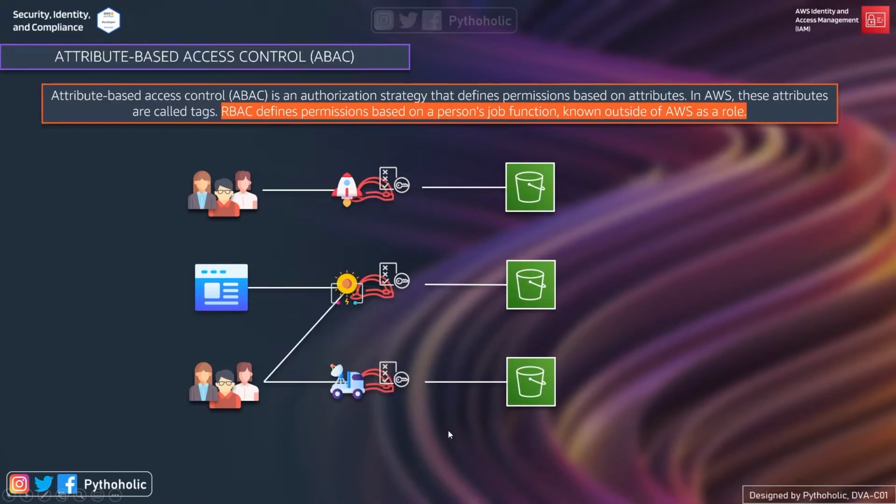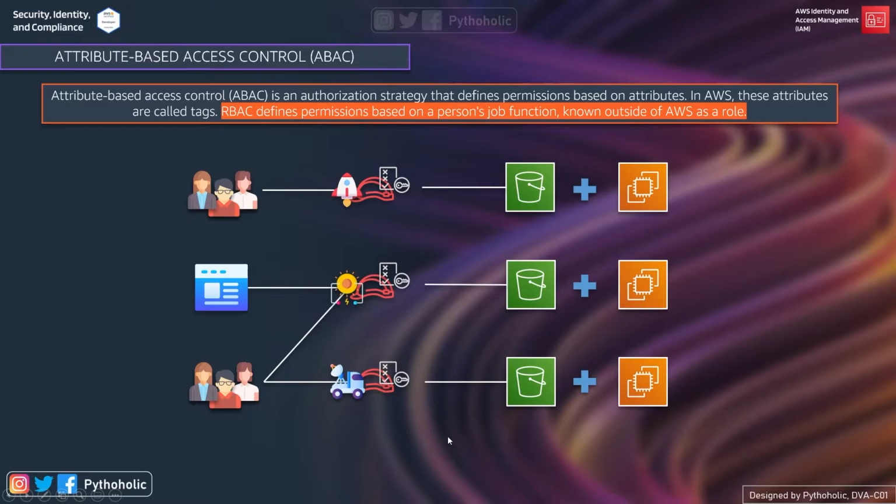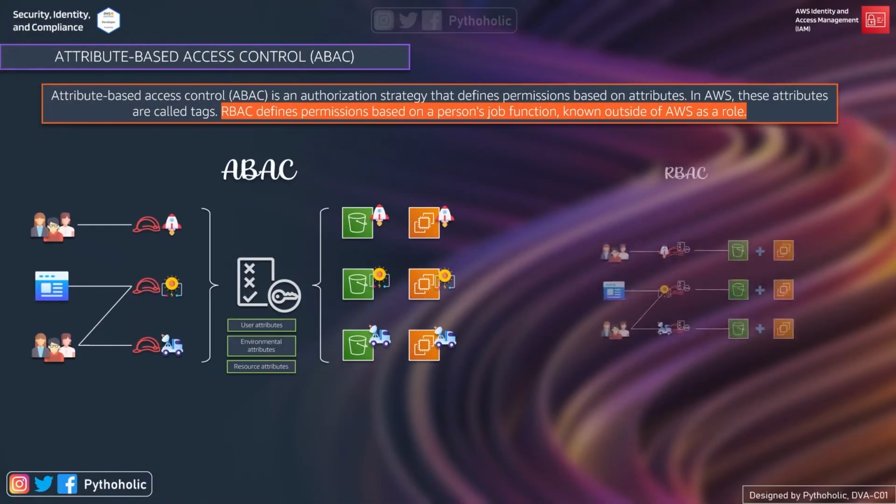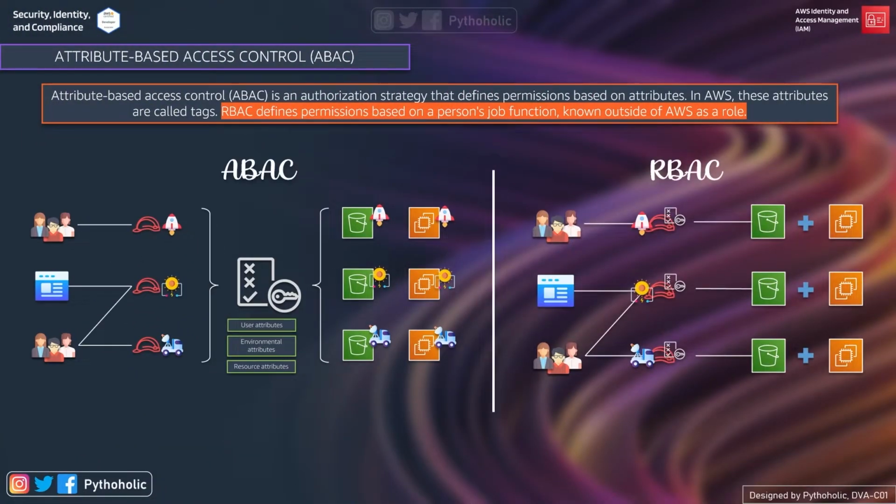And now if our application or project evolves and needs EC2, we have to update the policies. And in order for it to be effectively applied across the principals, we have to update the policy. And that's the major difference between RBAC and attribute-based access control. And I really hope you got the idea of how different RBAC and ABAC are.